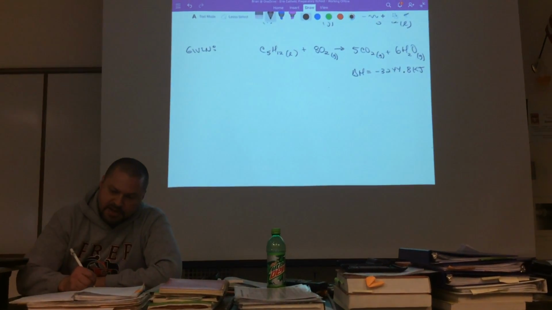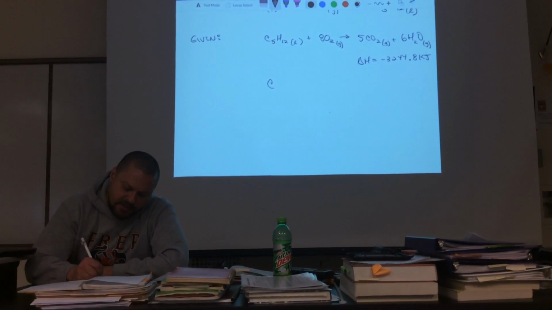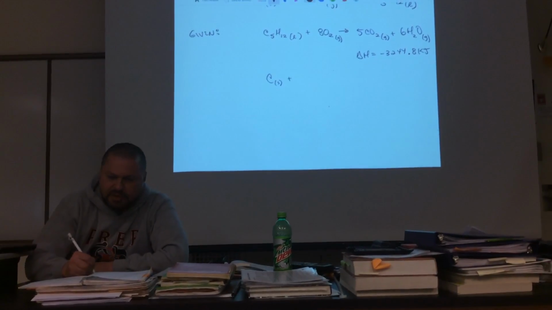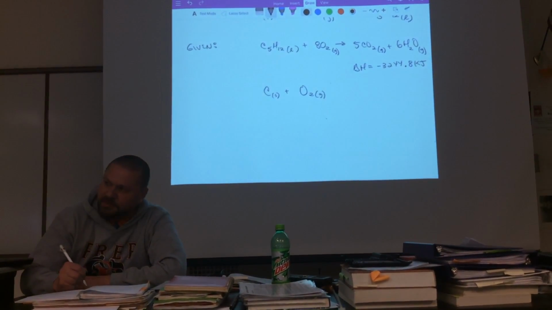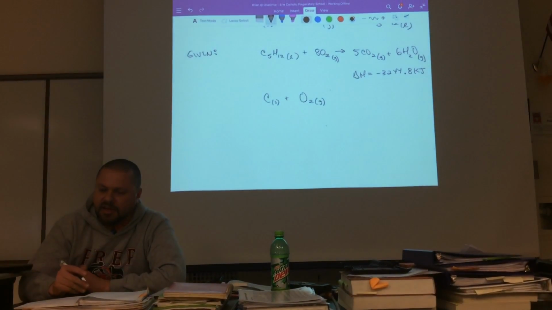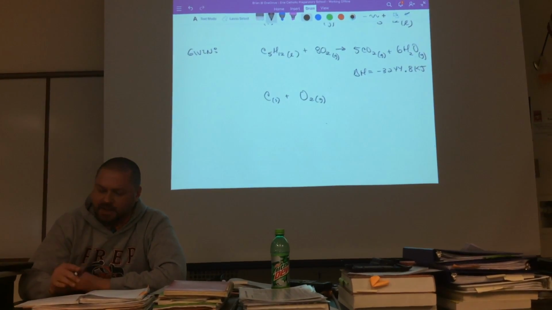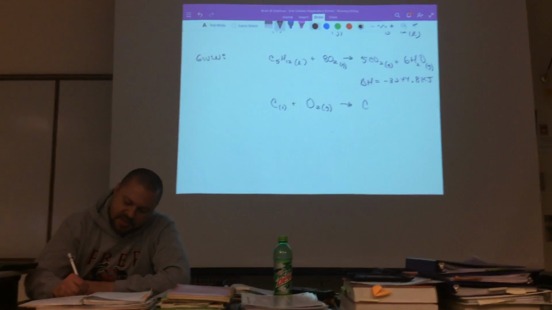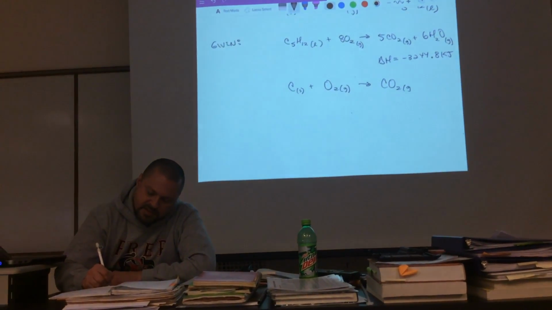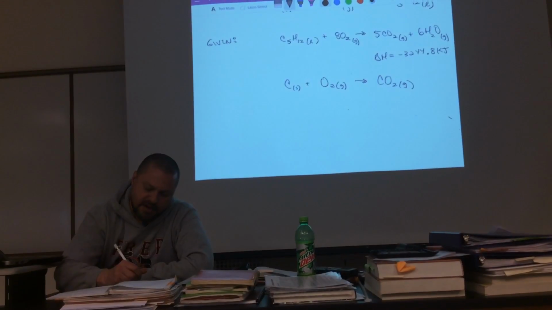Here's another equation. It's carbon solid plus O2 gas yields CO2 gas. This is all going to be for one problem. They look long and intimidating, but they're not that bad. I'm just giving you some background information right now.